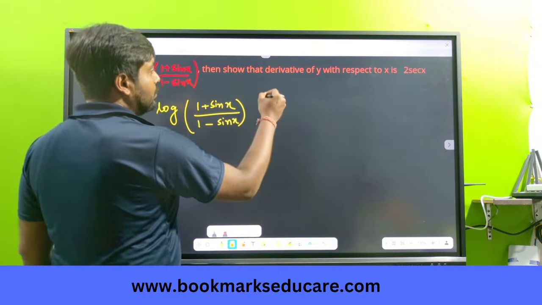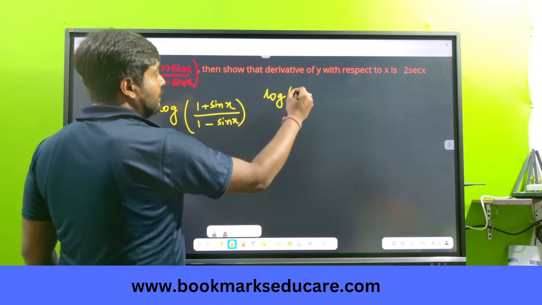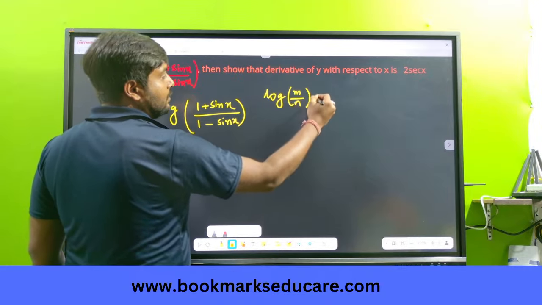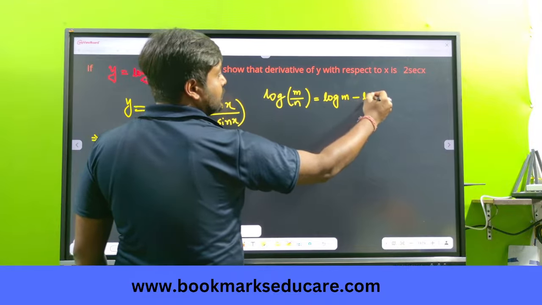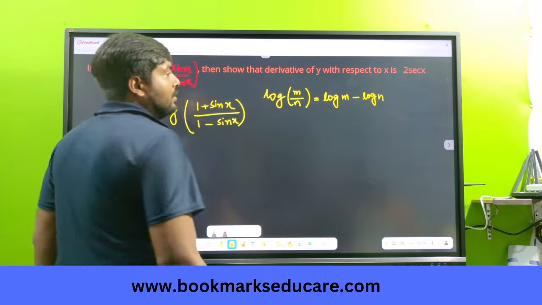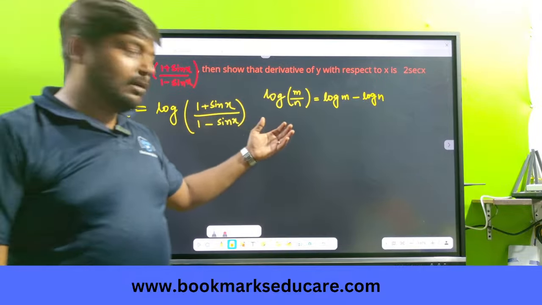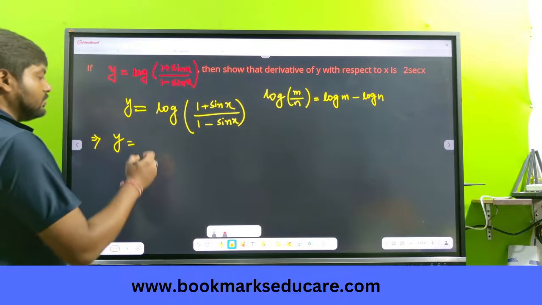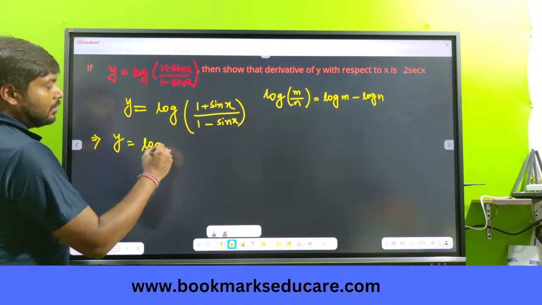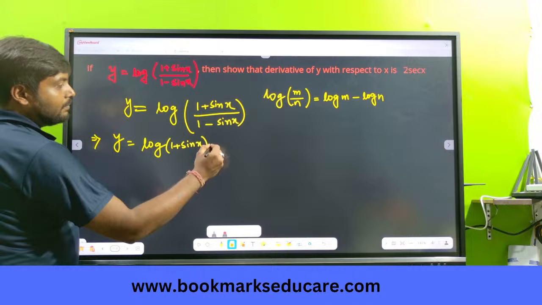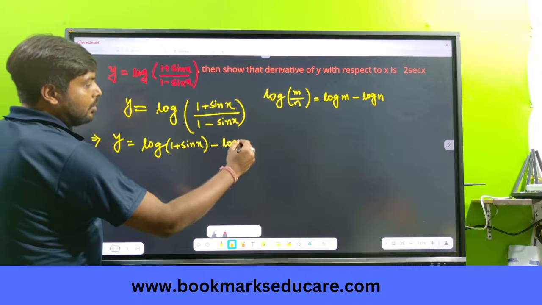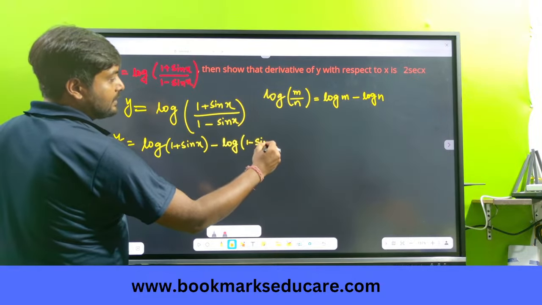We know log m by n equals log m minus log n. We will apply this formula first. So it will become log(1 plus sin x) minus log(1 minus sin x).